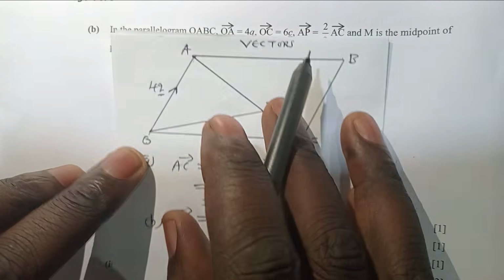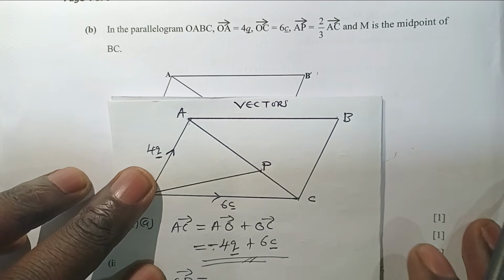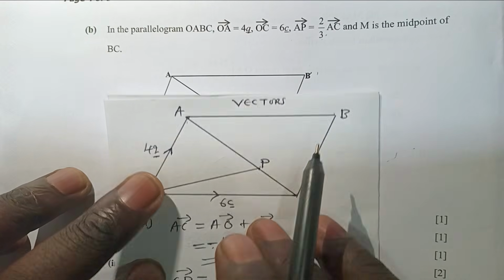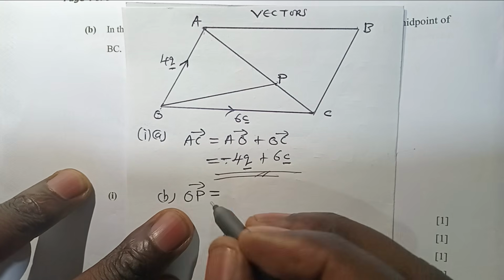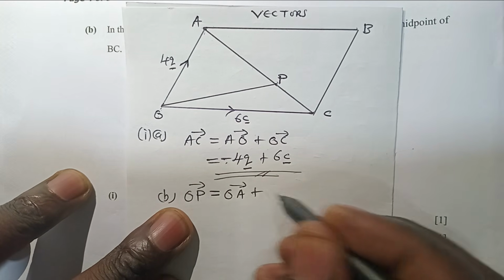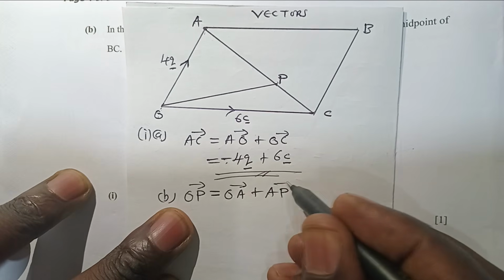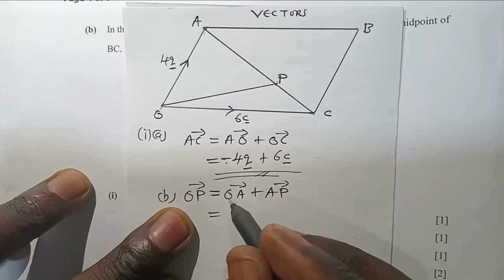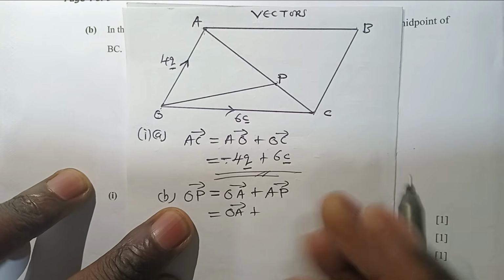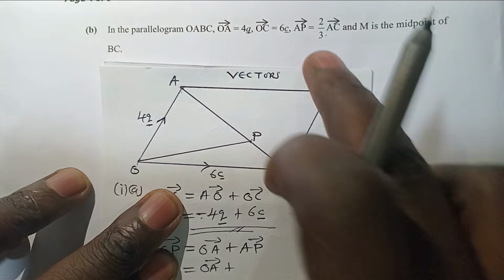Why AP? Because in the question, we can see that AP has been given, so it is easy for us to take that route. So OP is equal to vector OA plus the vector AP, which we are told is equal to 2/3 of AC.